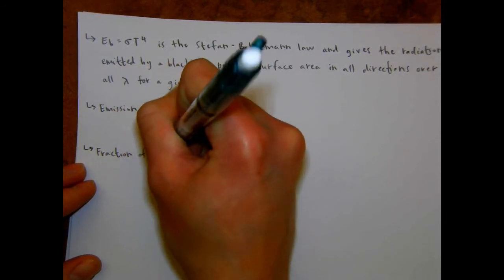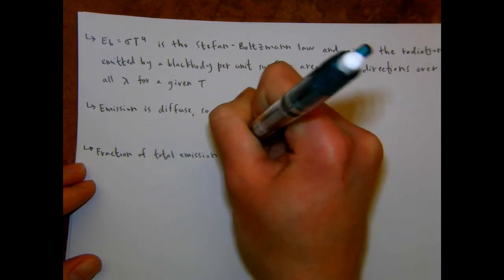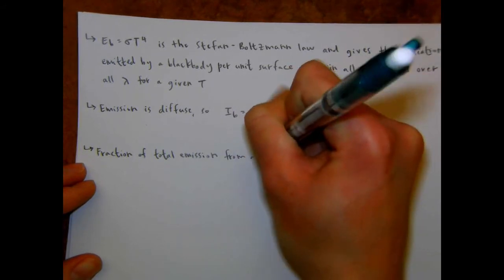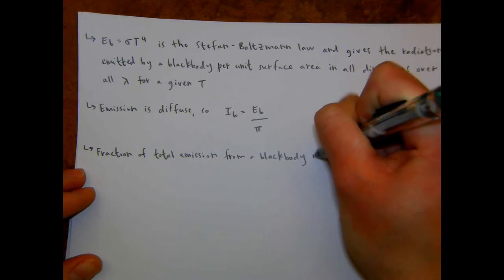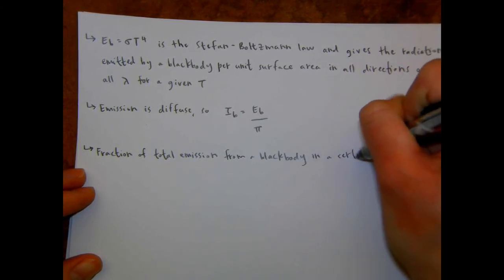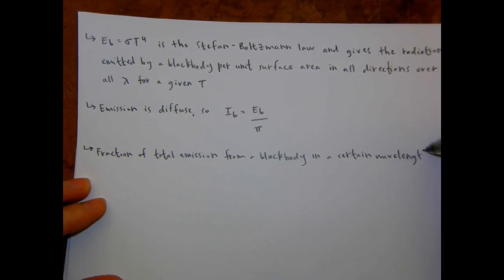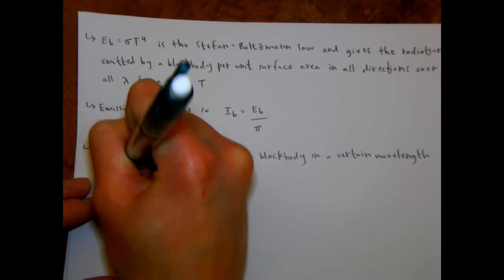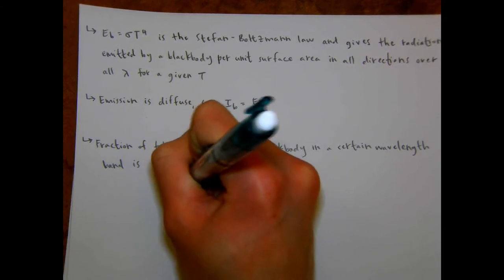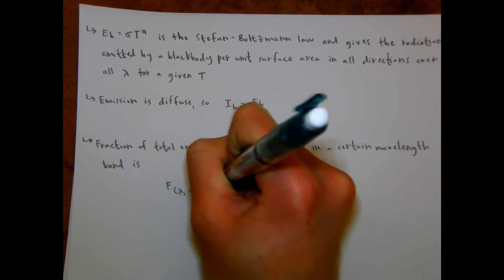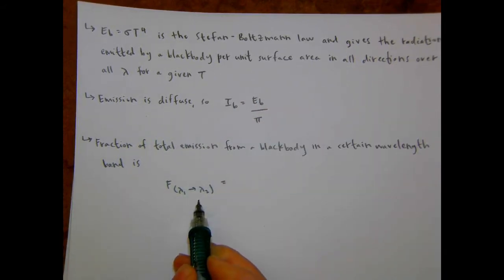So the fraction of total emission from a black body that's in a certain wavelength band is f of lambda sub 1 to lambda sub 2, where lambda sub 1 and 2 are the start and end wavelengths that you're interested in.